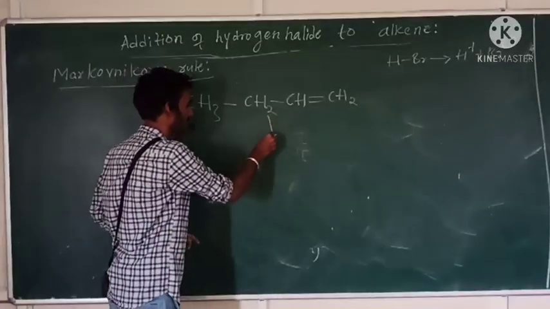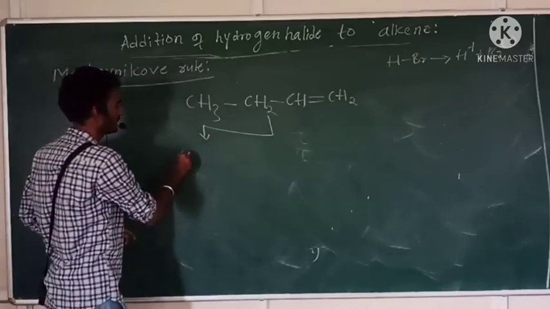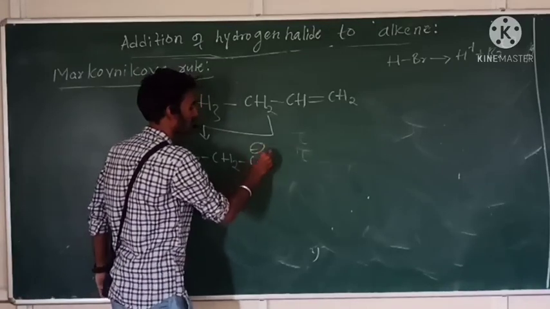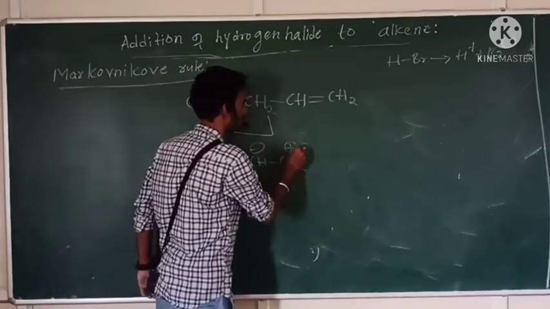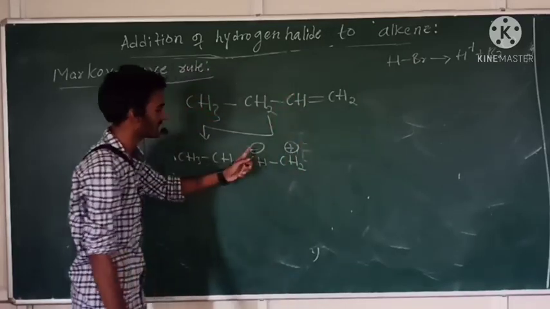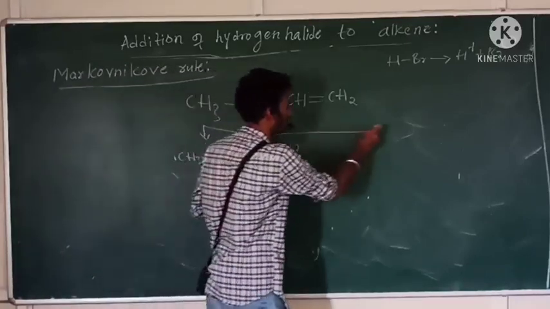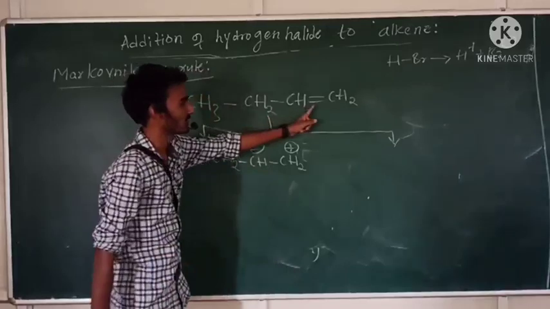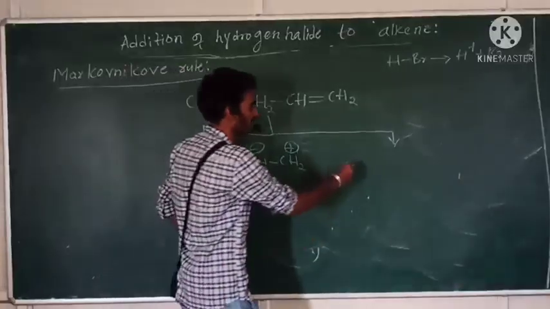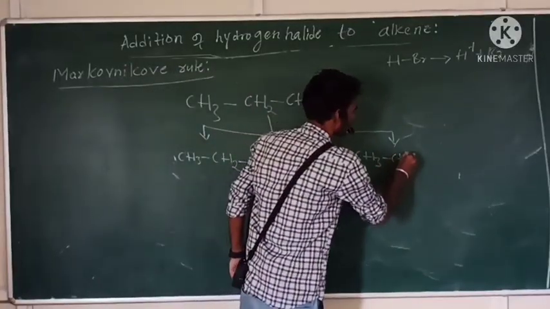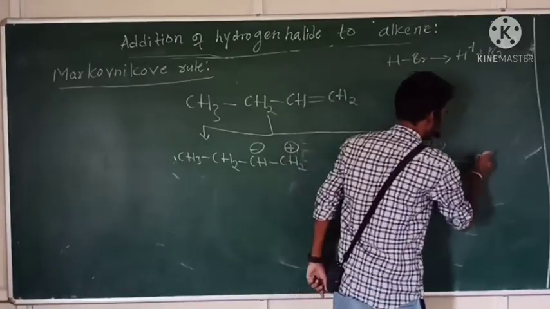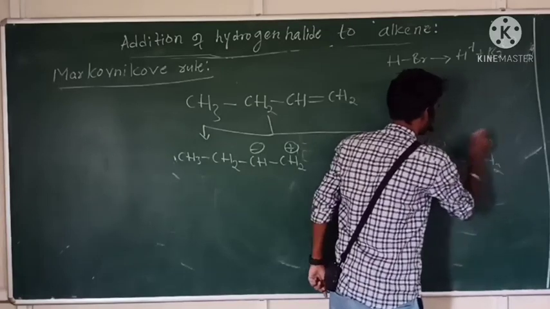Because the double bond shifts to this side, it forms the negative charge here, so this side forms the positive charge, giving CH3 CH2 CH negative, CH2 positive. Another possibility is that the double bond shifts to this side, forming the negative charge here and the positive charge on this side, that is CH3 CH2 CH positive, CH2 negative.